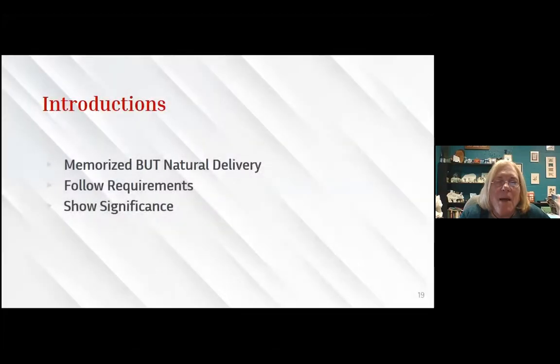We're talking about introductions. Notice that when Craig did his intro for you, it was memorized, but natural delivery, because this is when you want to meet the person. You want to definitely follow the requirements of your category in UIL rules. It tells you what the requirements are for your introductions.